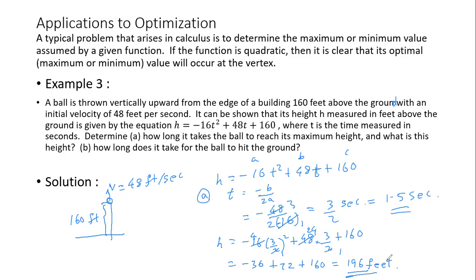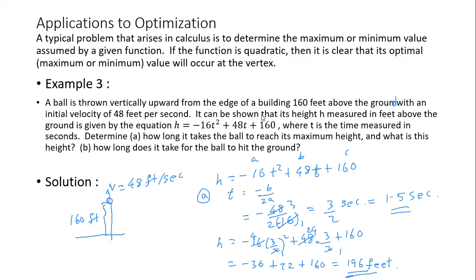In part B, how long does it take for the ball to hit the ground? How do we find that? When the ball hits the ground, h equals 0. H gives us the height of the ball above the ground. Let's go to the other slide with this equation, negative 16.